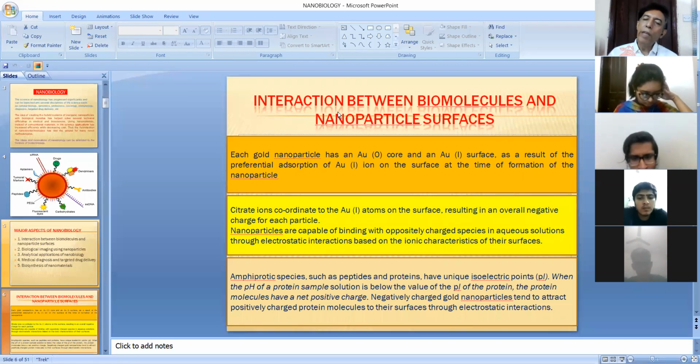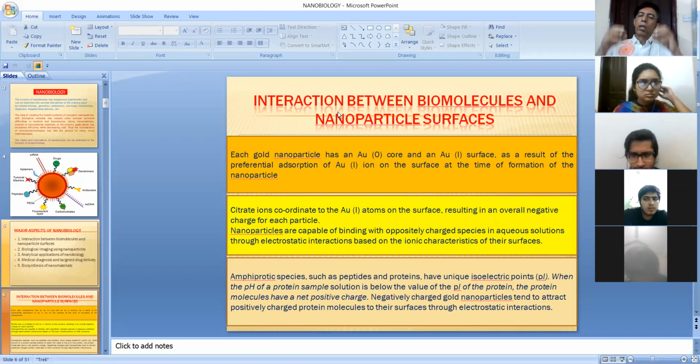Now if you treat that gold nanomaterial with any citrate, ammonium citrate, sodium citrate, or potassium citrate, you will get citrate ion. Citrate ion is negatively charged, 2 minus or 3 minus.